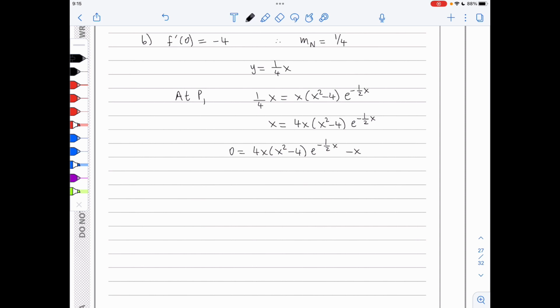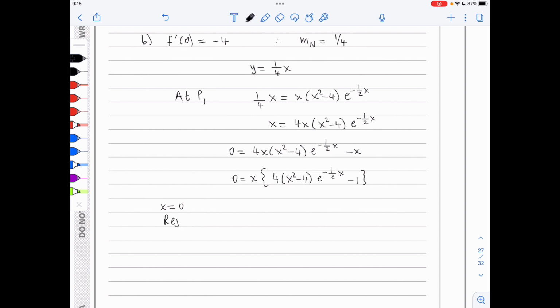And now we'll take the x out, so we've got x brackets 4 brackets x squared minus 4 e to the minus a half x minus 1, which means that either x is 0, which is of course rejected because that's the origin.